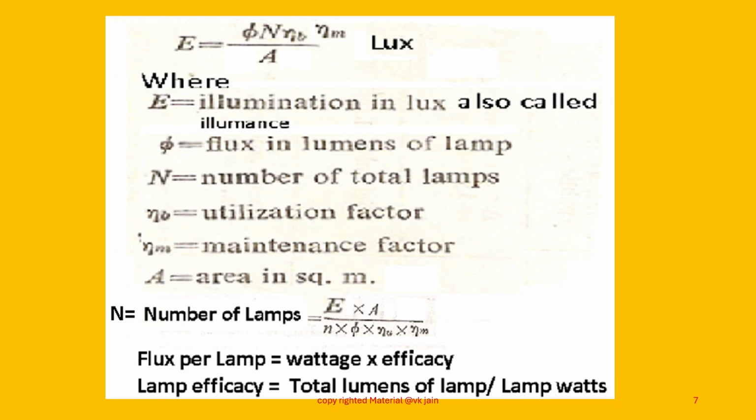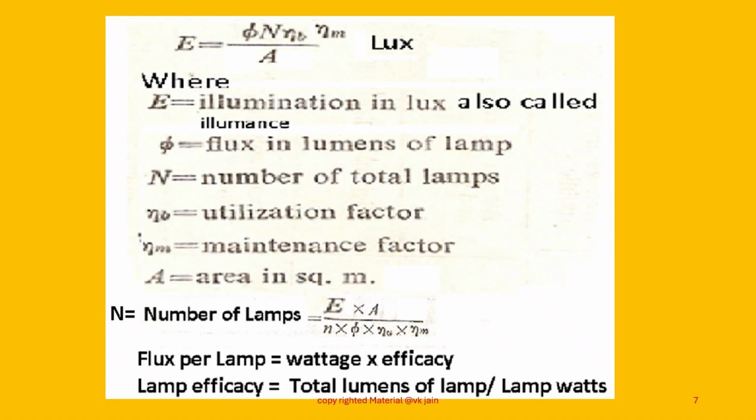From this formula, we can calculate the number of lamps. N is equal to number of lamps equal to E multiplied by A divided by small n phi, coefficient of utilization and coefficient of maintenance.